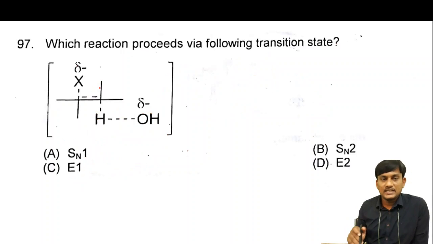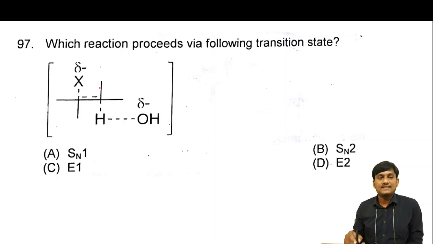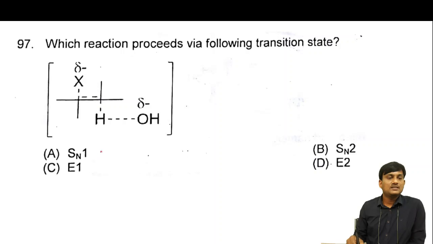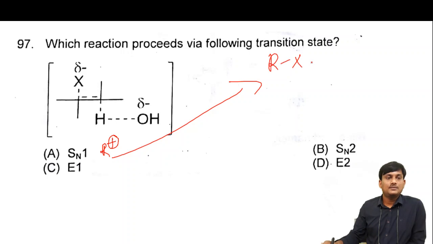Which reaction proceeds via the following transition state? In an SN1 reaction, we know that first there is a formation of carbocation, R plus. If you take RX, an alkyl halide, there is a formation of carbocation and X minus.